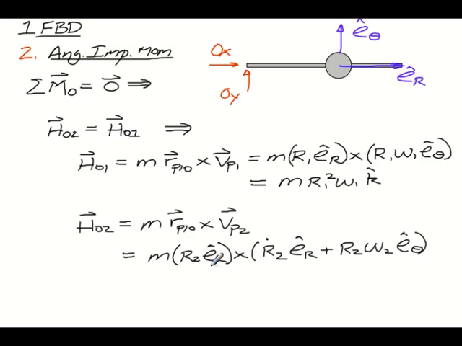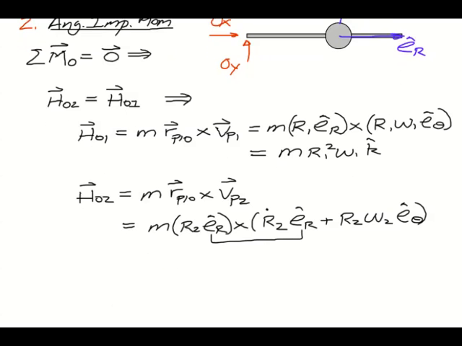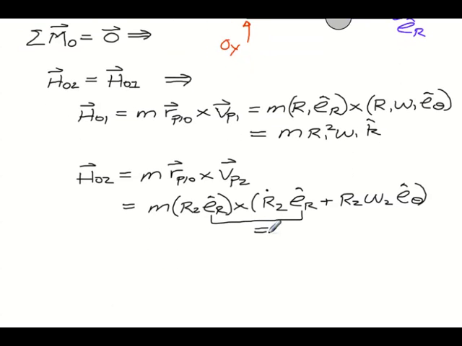An important thing to observe here is that it's moving outward, but that doesn't change a thing, because ER crossed ER is 0. Anytime you cross a vector with itself, it's 0. So although R dot is there, it doesn't really come into play. So we have M R2 squared omega 2 K.